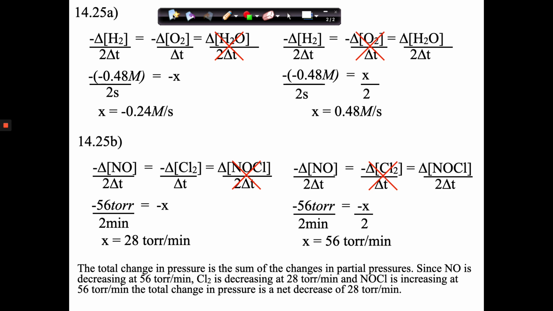Yeah, so good question. It depends on the question. I don't have my book open. If you read 25A, does it say what is the rate or what is the rate of disappearance? There you go. Because it says rate of consumption, you don't have to put the negative there because it's understood to be consumed. So the question implies the sign. So if you didn't put negative there, you would be okay.